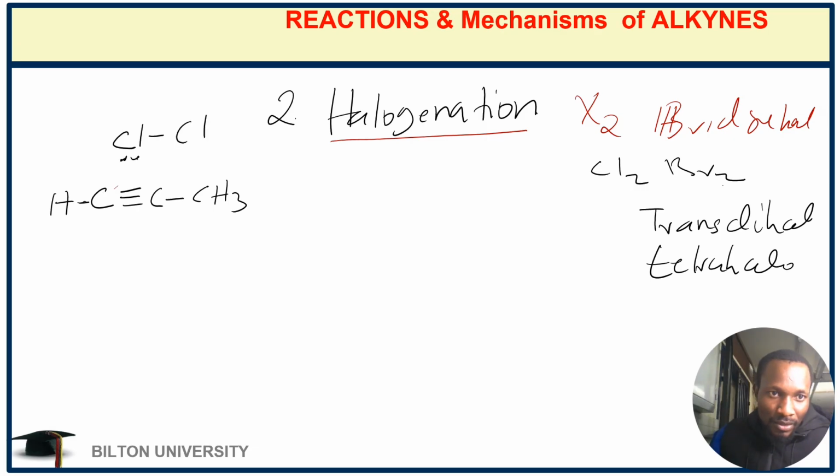Okay, I'll just put these two, and this bond is going to break, and when it breaks, we are going to have electrophilic attack of the pi bond, and we are going to form a bridged halonium ion. So it means that this one is going to come to this carbon. This is going to give us what we call a bridge.